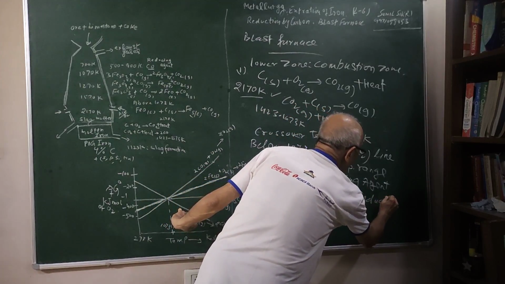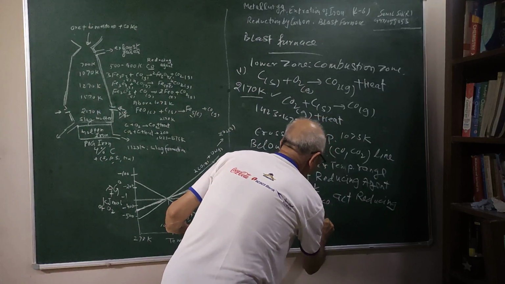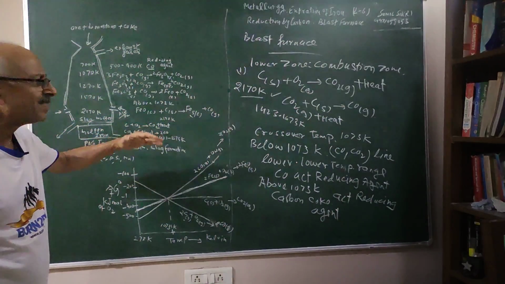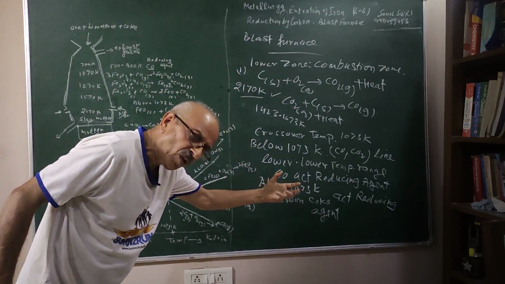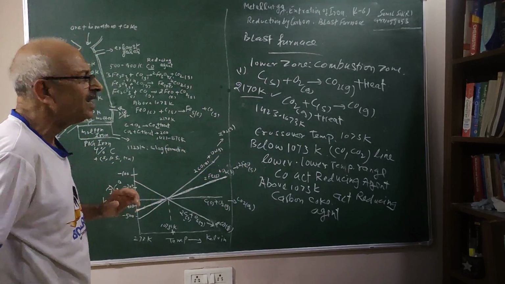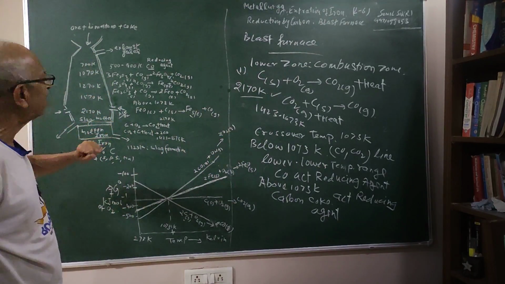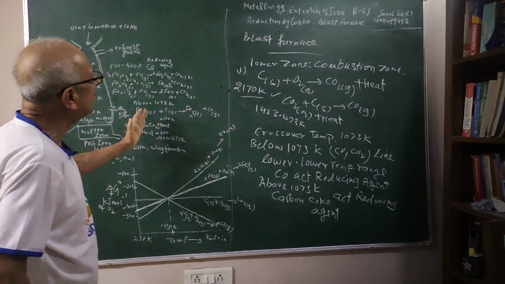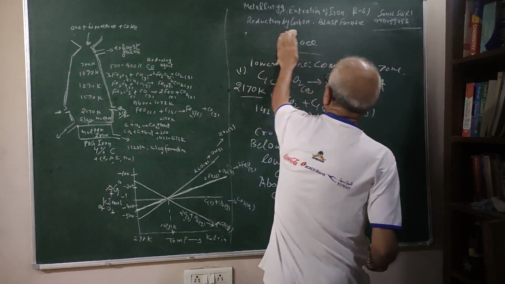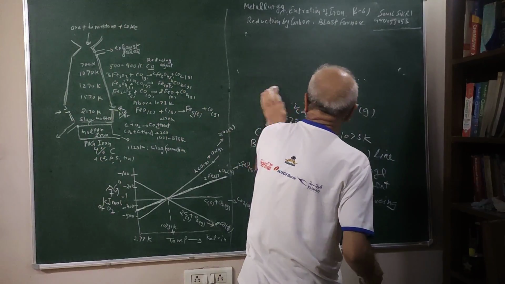This is important. Therefore, in the blast furnace, as the temperature changes, at lower temperature CO acts as a reducing agent. Above 1073, it is the coke, the carbon, which acts as a reducing agent. And here we have shown different reactions which are taking place at different temperature zones. This is what is important for exams.